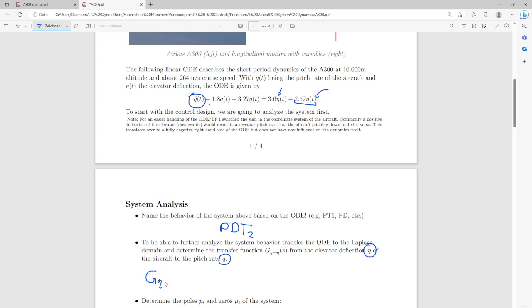If you do that transformation, the second derivative is s squared, so you end up with s squared plus 1.8s plus 3.27 in the denominator, and in the numerator you get 3.6s plus 2.52. That's already our transfer function.